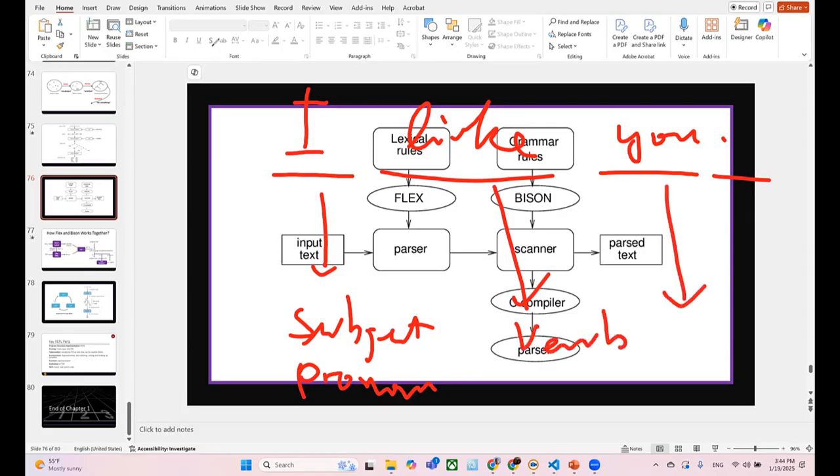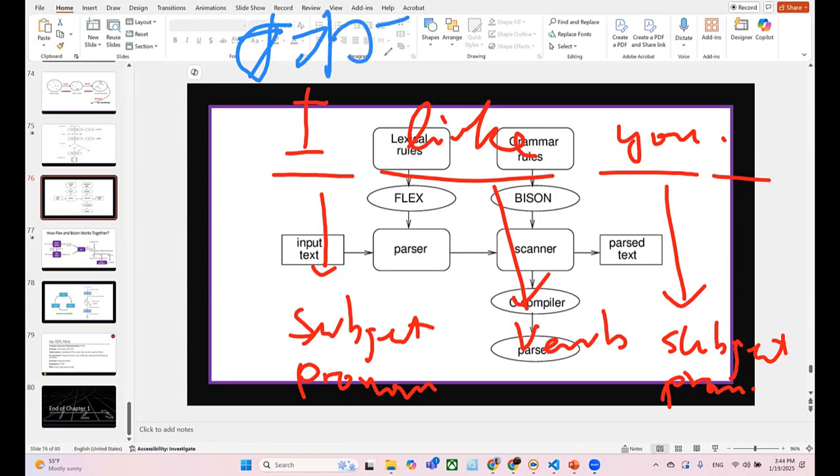You will be another pronoun. And then this language structure gets changed because you want to translate it to Japanese. So this I becomes watashi. Like is suki.